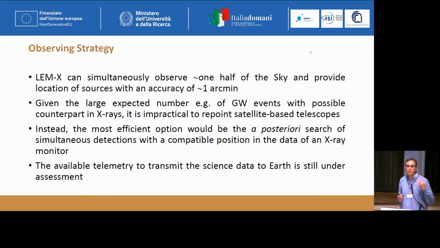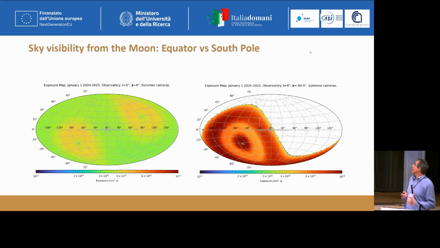This is one of the main goals of having such a large fraction of the sky monitored at the same time. We are still assessing the telemetry that is needed for this purpose, and this is part of our study.